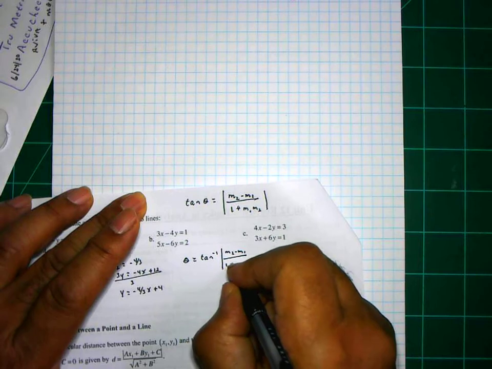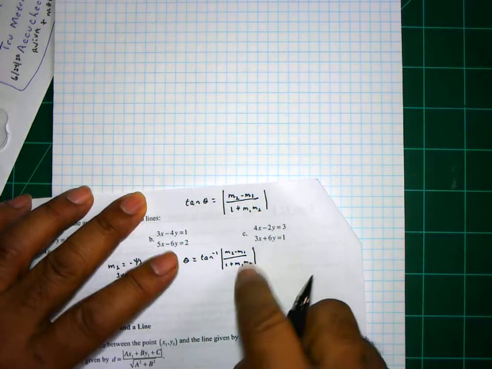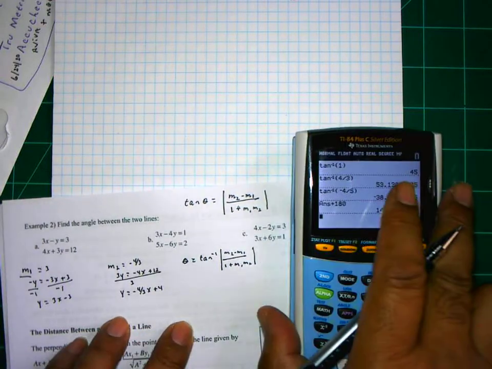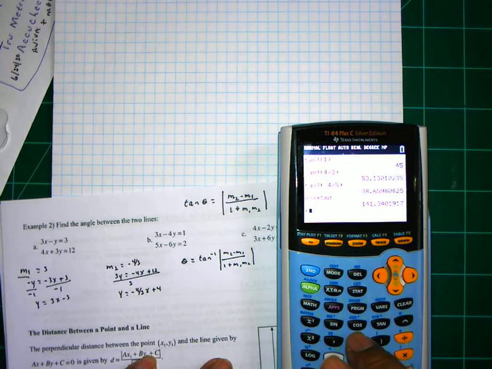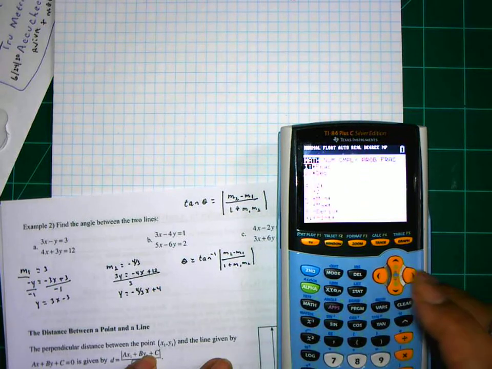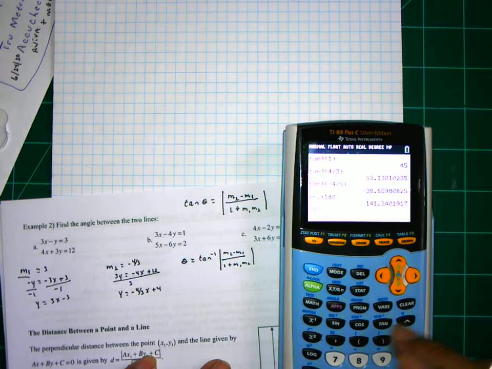So I'm going to find this first, and I'll put this in the calculator this way. Actually, I can put that in too. So let's just find the absolute value.